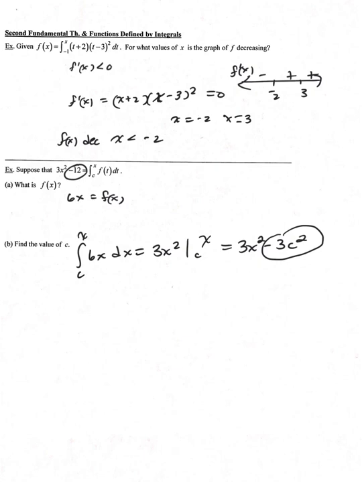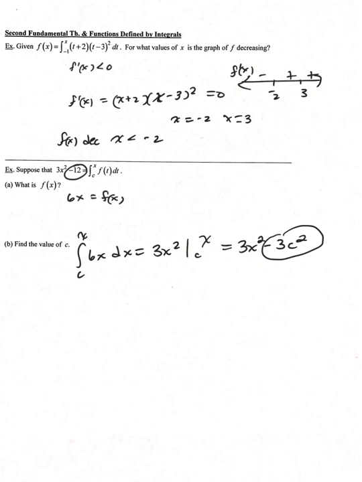Okay? So think about it. That's my f of x. So when I'm looking at my derivative, I have f of x is 6x, but I integrated my derivative, and that gave me 3x squared minus 12, which makes sense because I had to get the derivative of 3x squared minus 12 to get f of x.